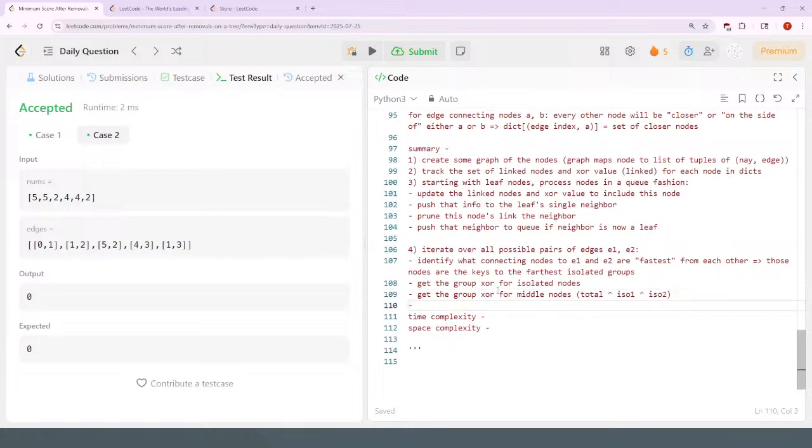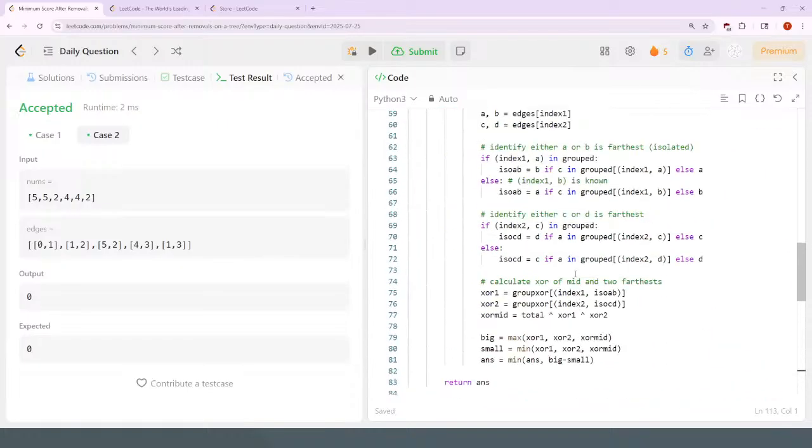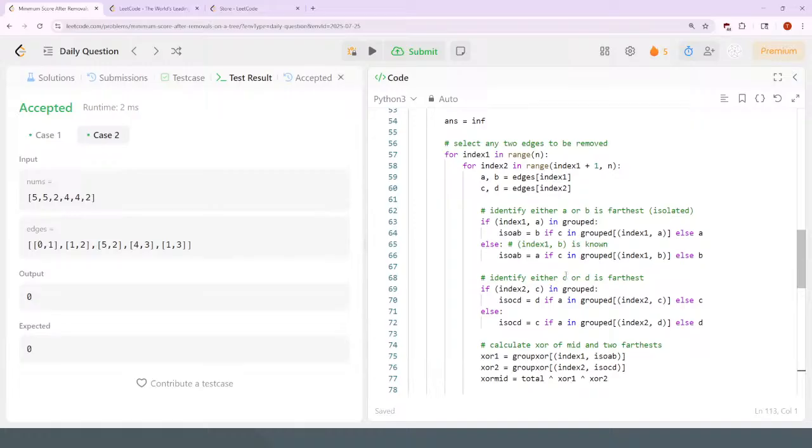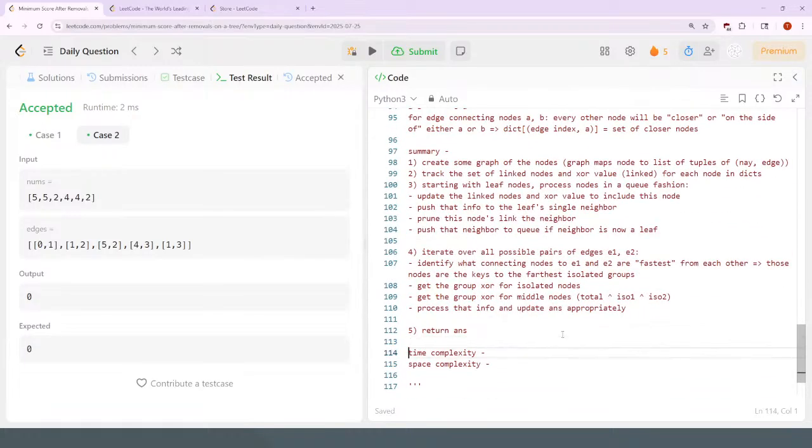And then process that information and update the answer appropriately. And then lastly, return the answer. Okay, I mean, it is what it is. The explanation could be better, could be worse.